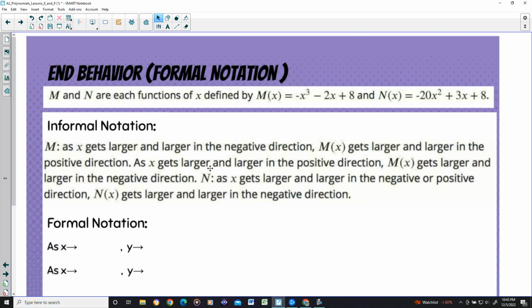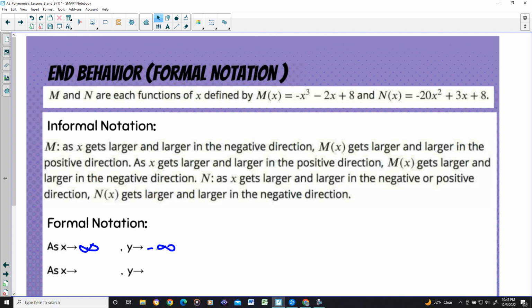So as x goes to infinity, y goes to, well, let's see what's happening here. As x goes to infinity, m of x gets larger. In other words, the output gets larger in the positive direction. As x gets larger in the positive direction, y goes to negative infinity.